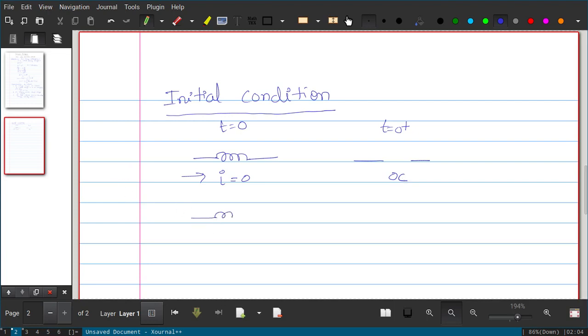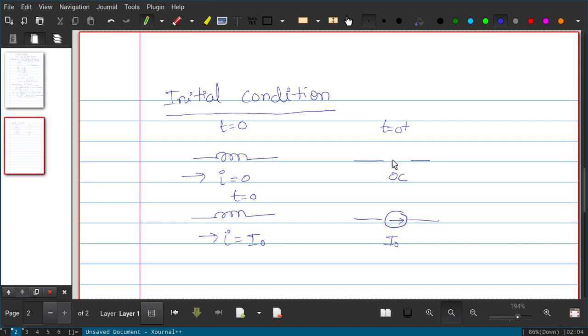Similarly, if an inductor is carrying I naught current at t equal to 0, the same principle applies: the current cannot change. Previously zero current, now I naught current. So it will be represented by a constant current source with I naught.